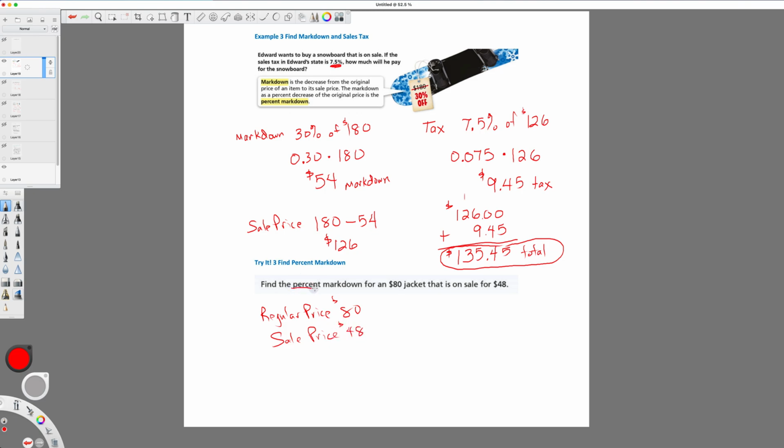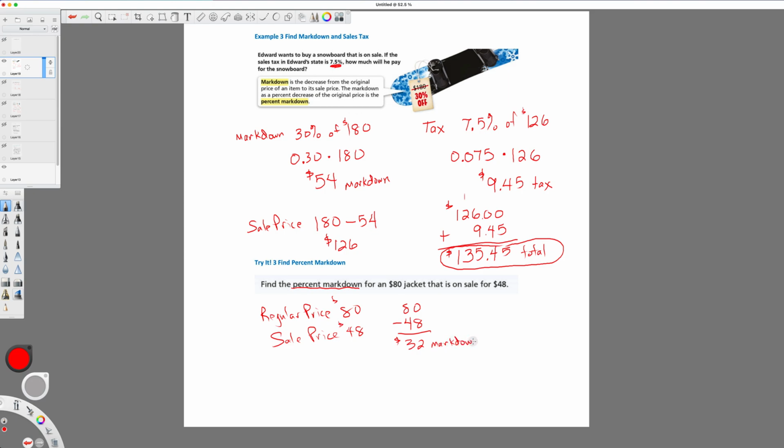So to get the percent markdown, the first thing I have to do is figure out how much they marked it down. How much did they lower the price of the item? So if I need to know how much they lowered the price, I need to subtract. So I'm going to take $80 minus $48, and I get $32. And that is the markdown.